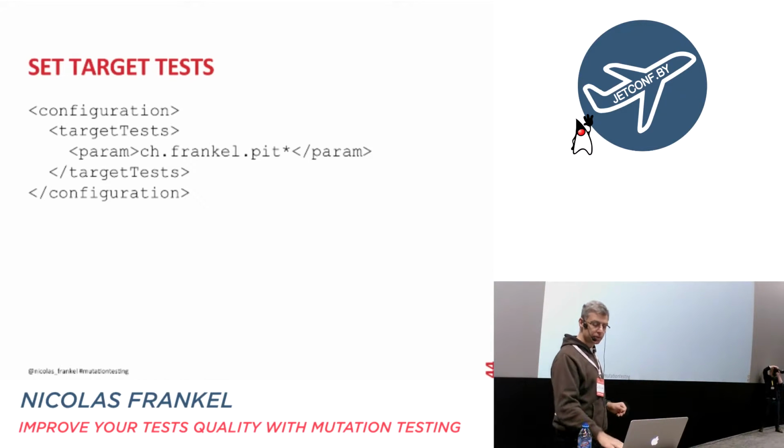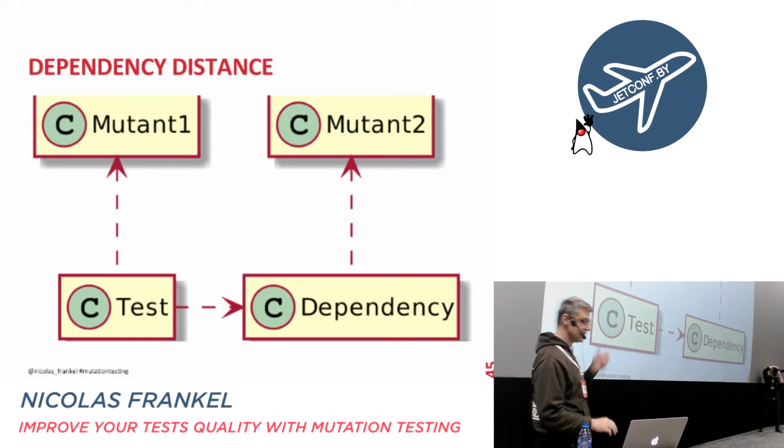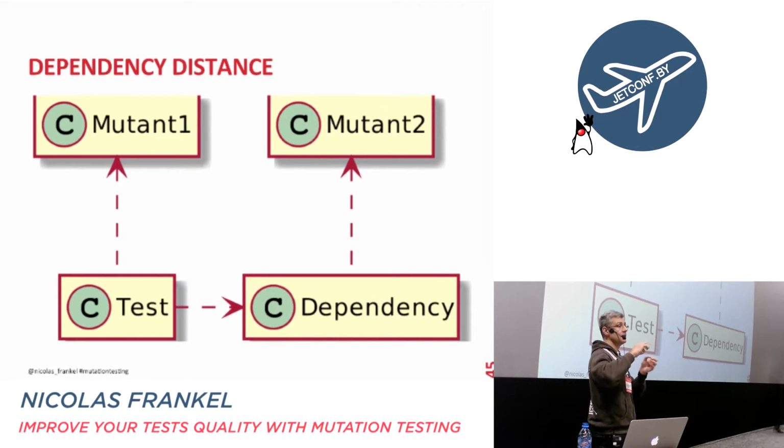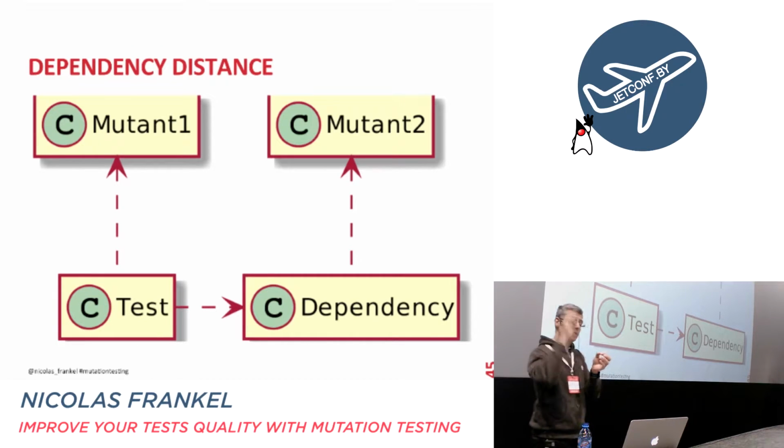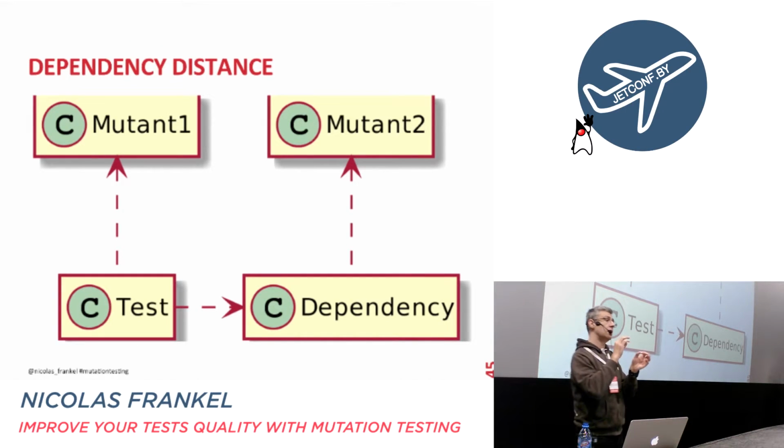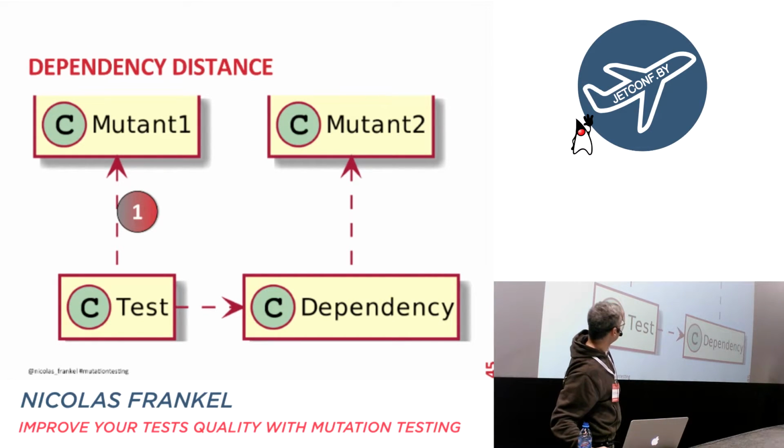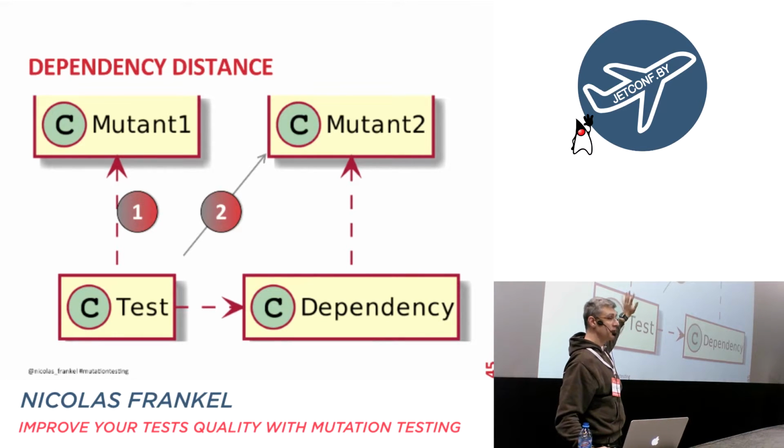You can also, there is something called the dependency distance. Basically, Pit will also mutate the classes that are not in direct relation to your code, but just the classes that are used. For example, if I have a test here that uses a dependency, and this dependency will create a mutant, we say here that on the left, there is a dependency distance of 1, and here there is dependency distance of 2, also very simple to understand.